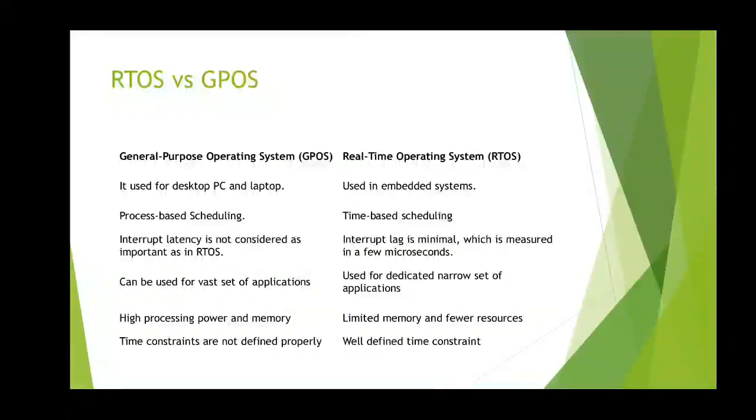Now we can go through the comparison of real-time operating system versus general purpose operating system. The general purpose operating system is mainly used for desktop PCs and laptops. But the real-time operating system is used for embedded systems.